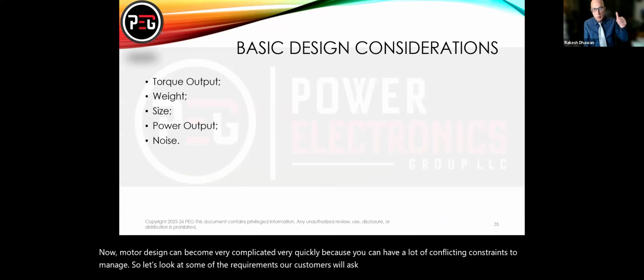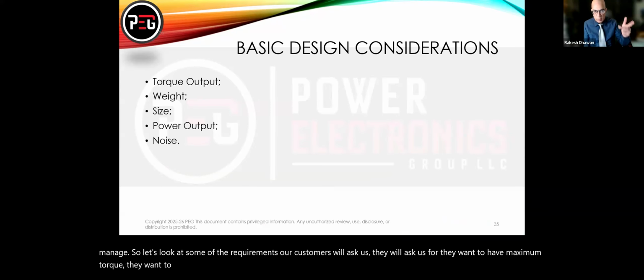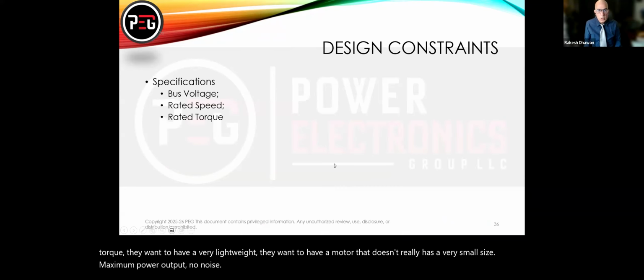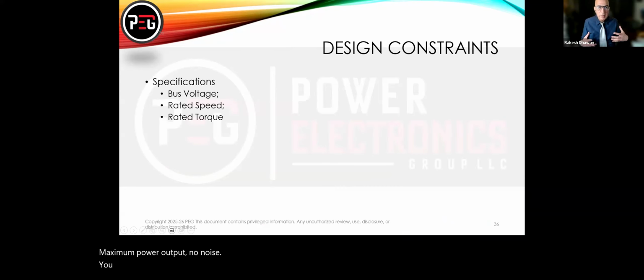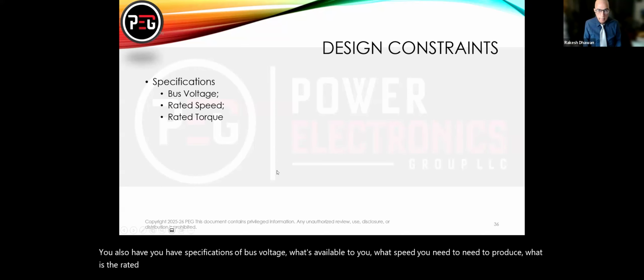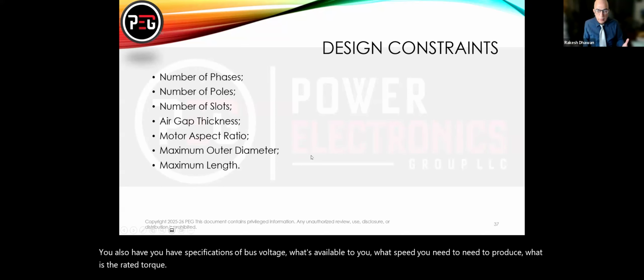They want to have maximum torque. They want to have a very lightweight motor that has a very small size, maximum power output, and no noise. You also have specifications of bus voltage, what's available to you, what speed you need to produce, what the rated torque is, and the number of phases.